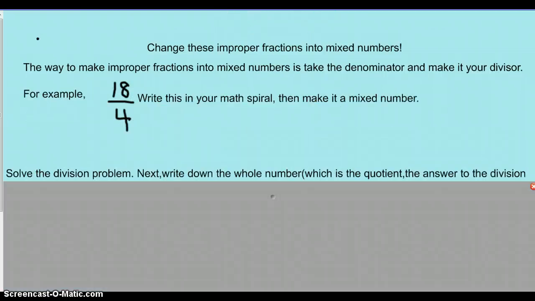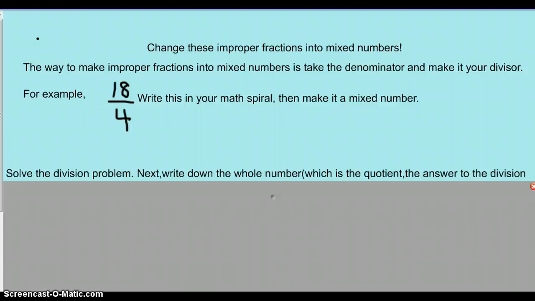Change these improper fractions into mixed numbers. The way to make improper fractions into mixed numbers is to take the denominator and make it your divisor. For example, 18/4. Write this in your math spiral, then make it a mixed number. Solve the division problem.